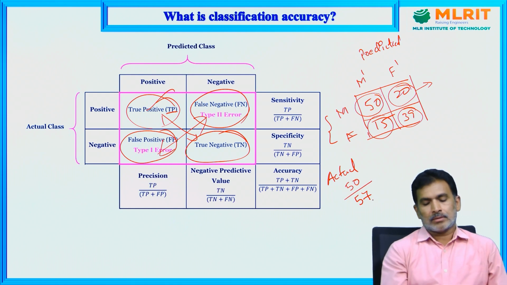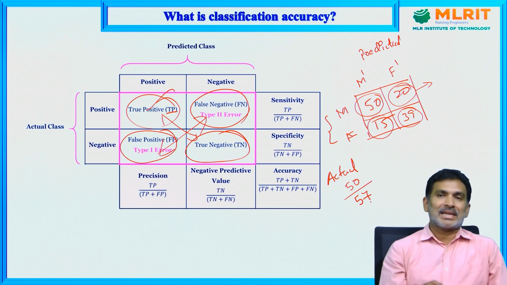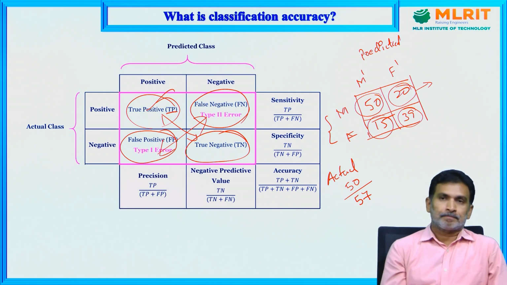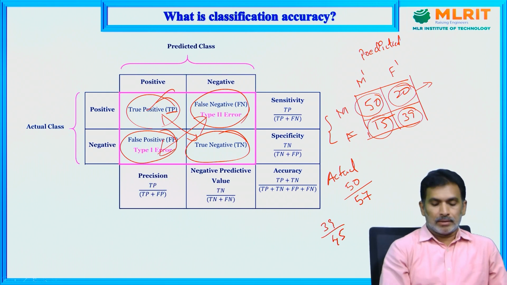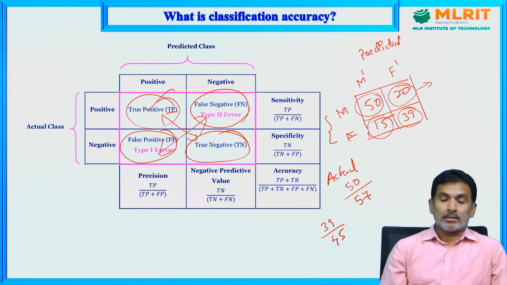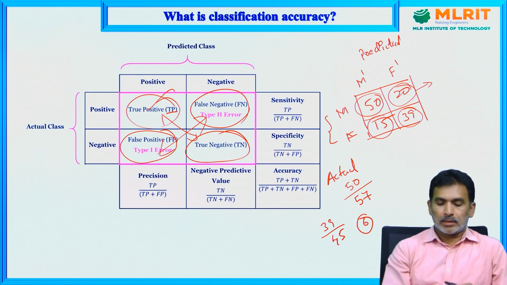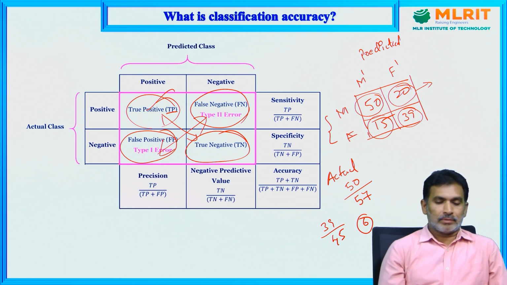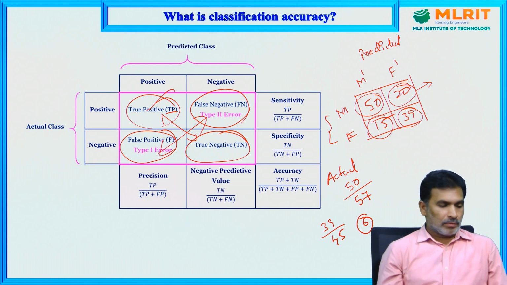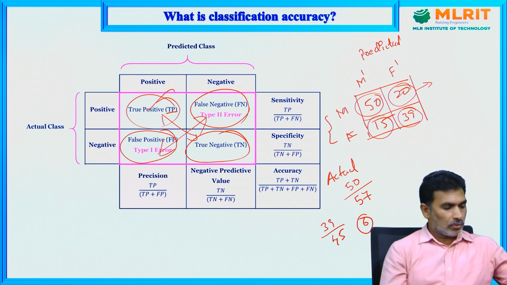That means still 7 are misclassified as female. Similarly, if there are 45 female but only 39 are classified as female, then 6 samples are misclassified. So this is the way we calculate the accuracy of classifications. We will discuss all this in detail because this is an introduction.